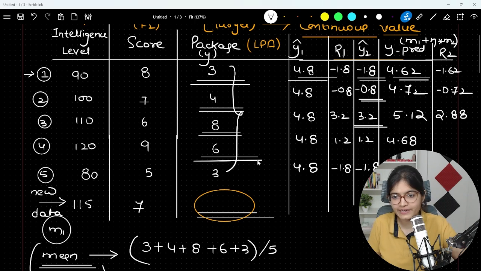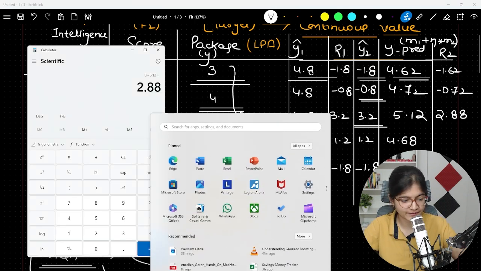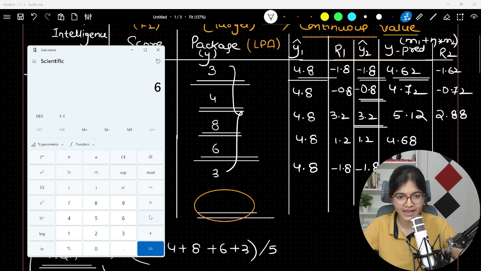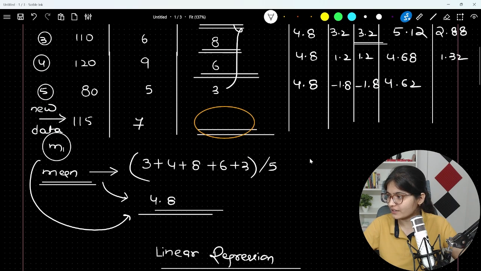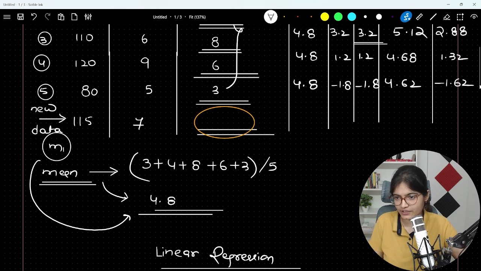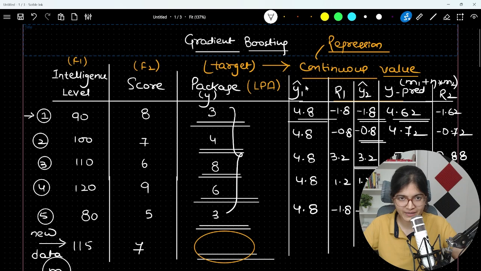Next is 6 minus 4.68, where 6 is the actual and 4.68 is the prediction. It is 1.32. And the last one is 3 minus 4.62, so again negative of 1.62. So this is the residual that we will get.